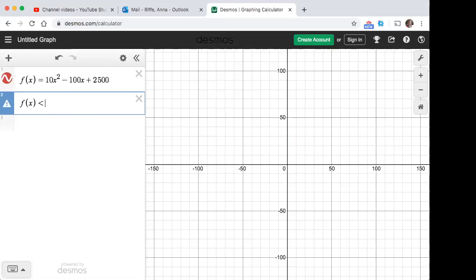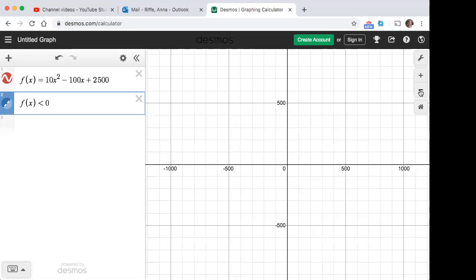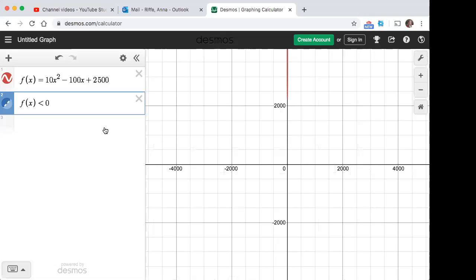I can also check where is f of x less than 0. It appears that there are no such locations for that either. Therefore, there are no locations where this derivative is undefined. Okay?